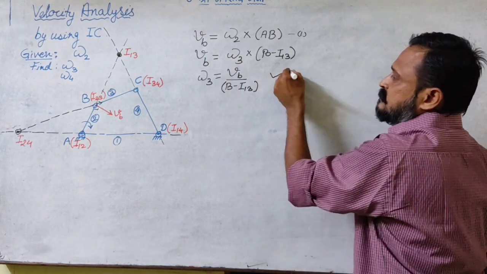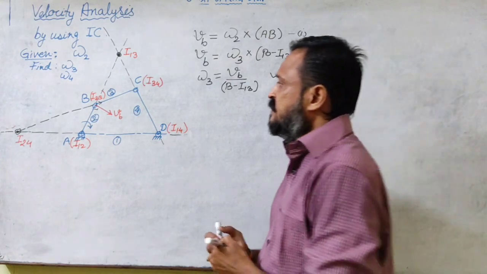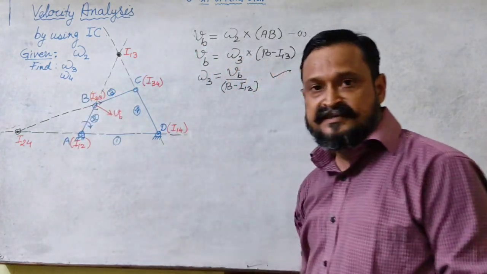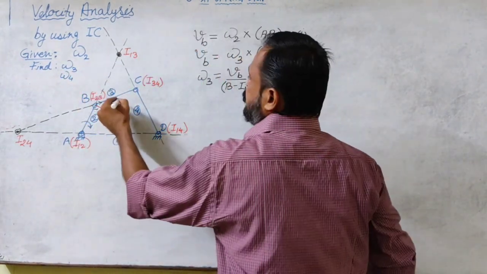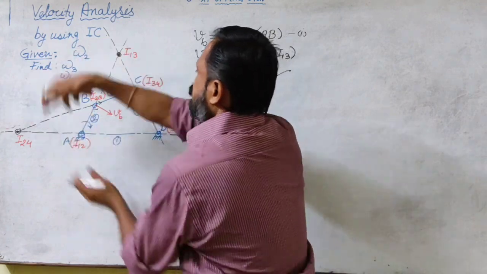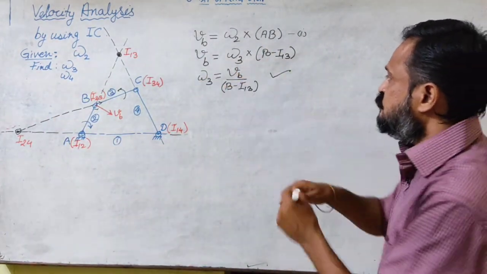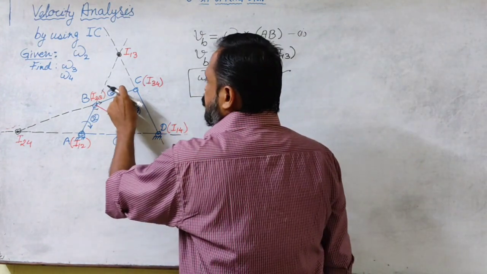So thus the angular velocity of link 3 is determined. Now, when this is turning in this direction, the velocity vector is having this direction, so this is turning counterclockwise. So we have determined omega 3 directly.